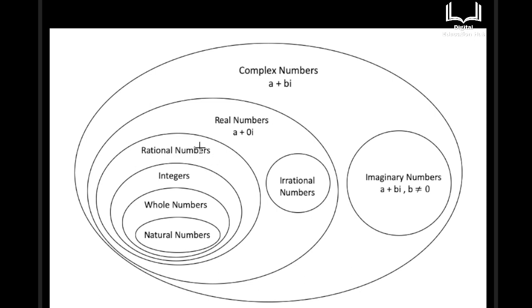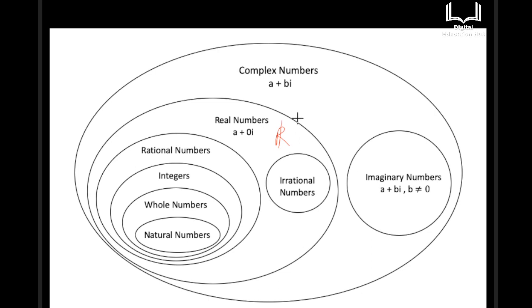Then we have the group of rational numbers, and all these integers are a subset of rational numbers. The rational numbers are a subset of real numbers, and real numbers have both rational and irrational.